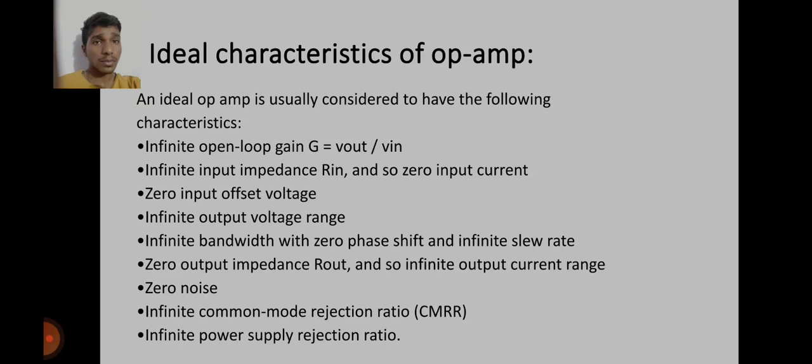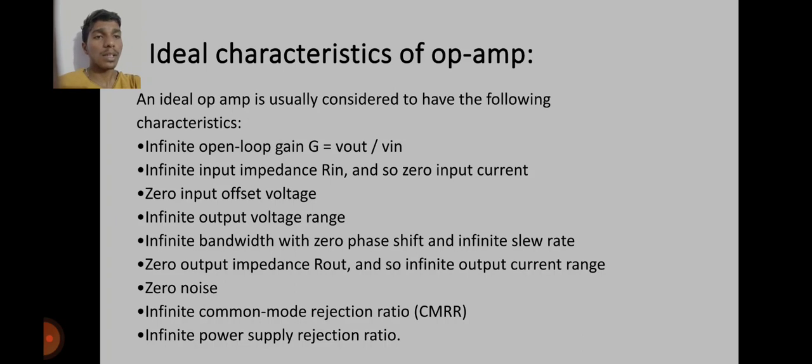The open loop gain is very high and the input impedance is also very high, the input current is 0, it has 0 offset voltage, infinite output voltage range, infinite bandwidth with 0 phase shift, and infinite slew rate.